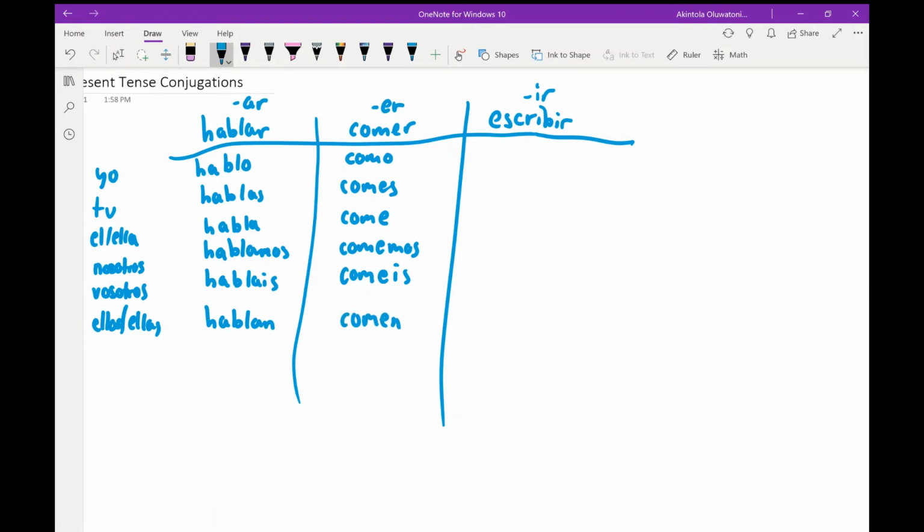Now, it's important to understand that verbs of the ER stem and verbs of the IR stem have the same endings, they're conjugated the same way, the regular verbs in the present tense. And most of the time, the ER and the IR are going to end the same way. So that's a good thing to remember.